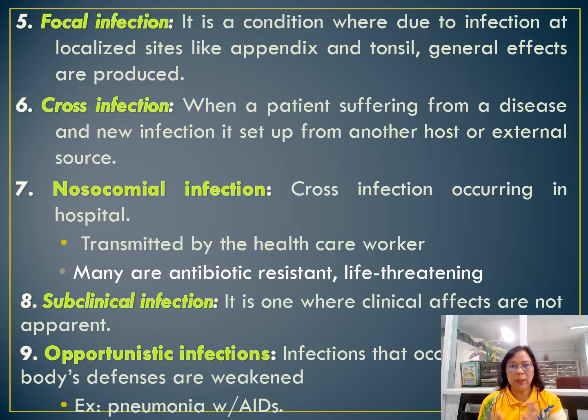So, for example, the person is suffering from influenza. Let me focus on influenza because I'm sure you are all familiar with it. If the person is suffering from influenza, and then all of a sudden he or she is visited by a friend who is a carrier of COVID-19, the tendency is the patient will also get the COVID-19 virus.